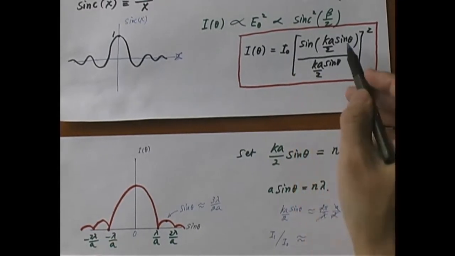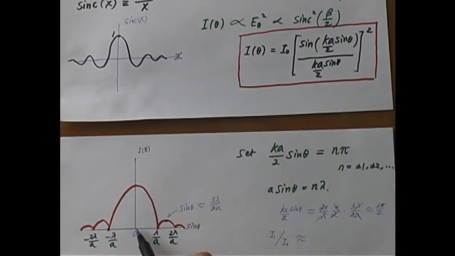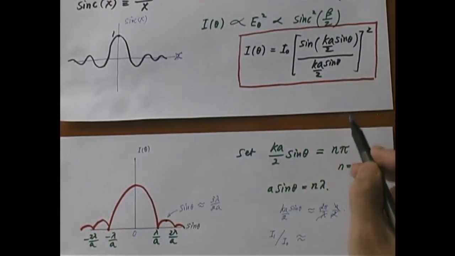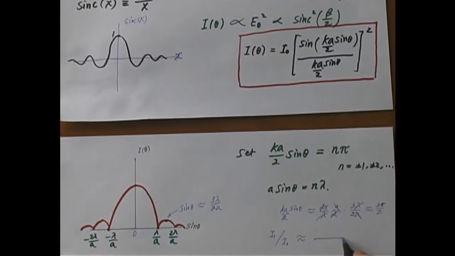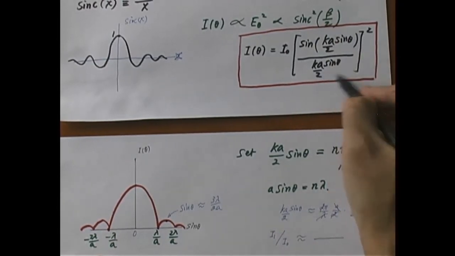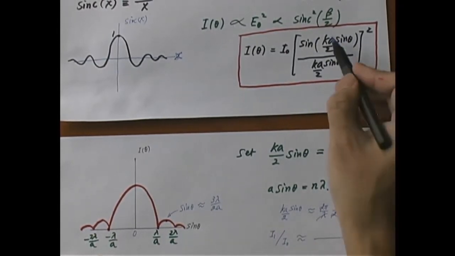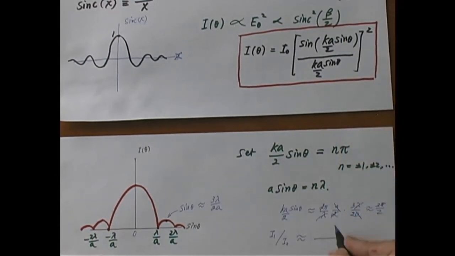This is I0 right here. For I0, in the middle, this whole function goes to 1. But at this location, it's equal to I1, which is I0 times this sinc function, which is roughly equal to 1 divided by 3 pi over 2, and then you square it.